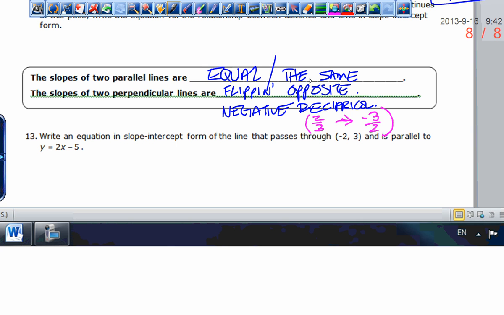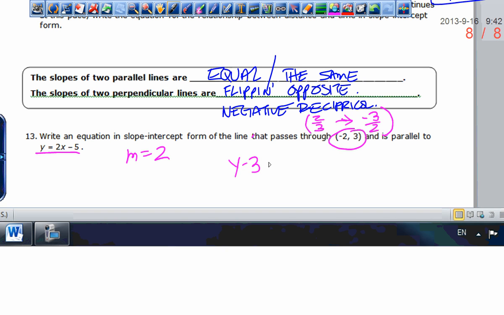Number 13. Find an equation of the line that passes through the given point and is parallel to the given line. So what is my slope? Not 2x, but just 2. If it's passing through this point and it's parallel, that's the same slope. I got a point and a slope, so I'm probably going to use point slope form.